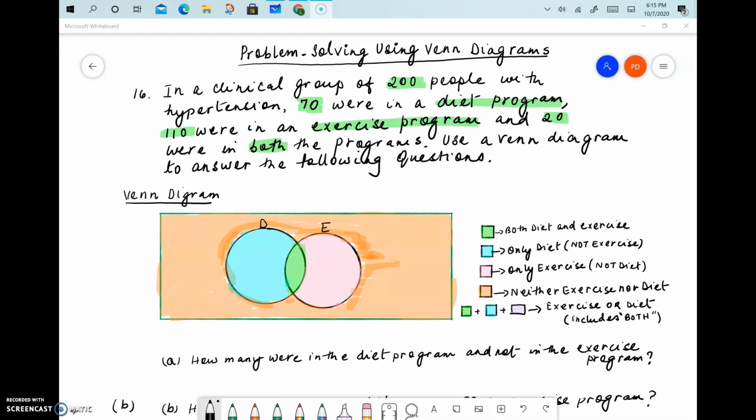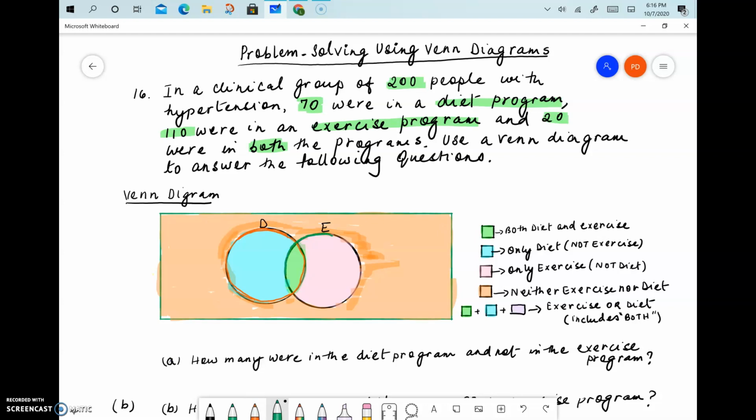Each region in the Venn diagram is shaded in a different color. So we have two circles. One is the diet circle. So the entire circle is the people who were in the diet program, the entire red circle.